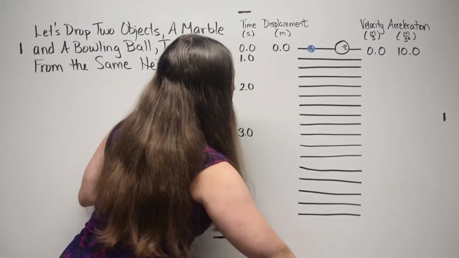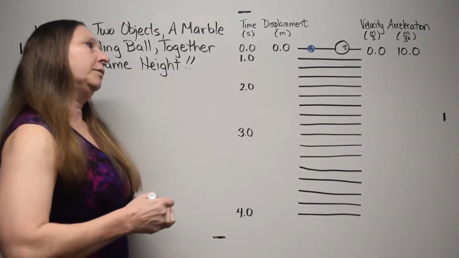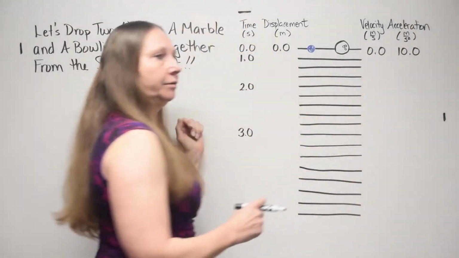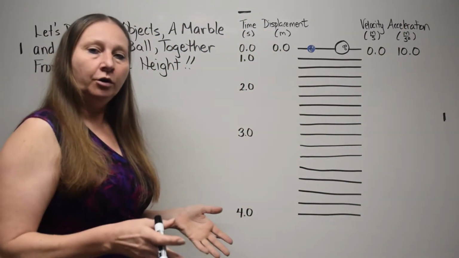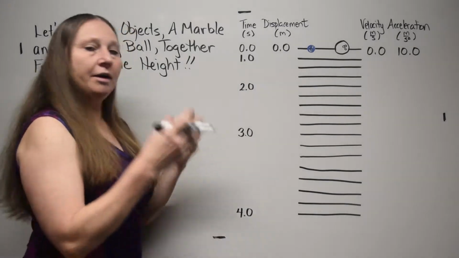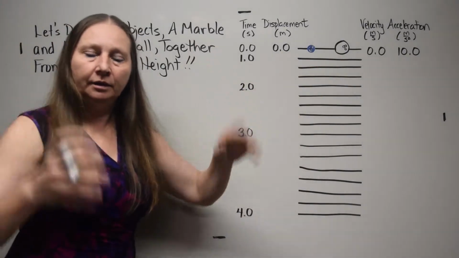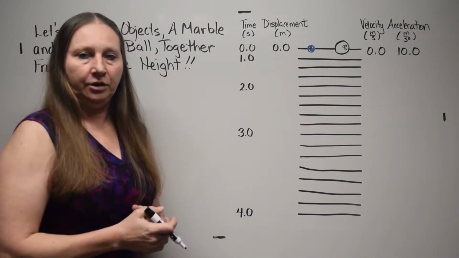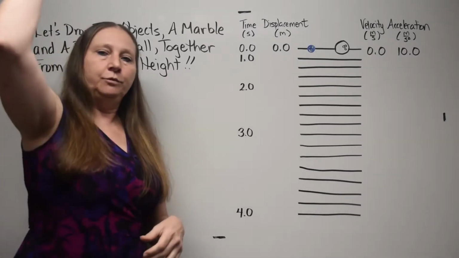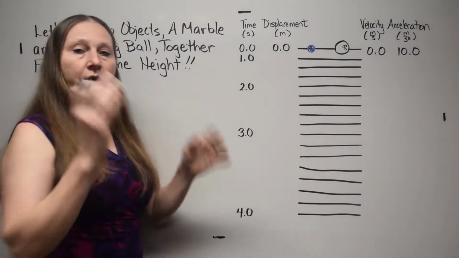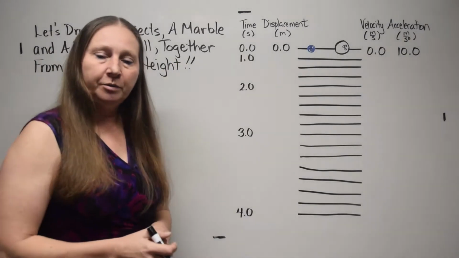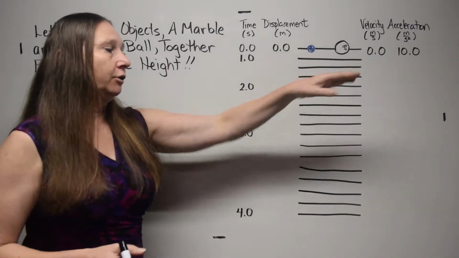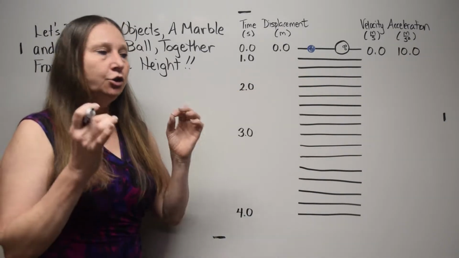Okay? So here we go. Now, first of all, we know that the acceleration due to gravity of the Earth is constant for every object. It doesn't matter whether it's little, big, a mouse, an elephant. The acceleration is the same. It does not change, until you get 2 miles up, 10 miles up, whatever, and we're not going up that high. So for all intents and purposes, the 9.81 meters per second squared, we're going to round off to 10, does not change.